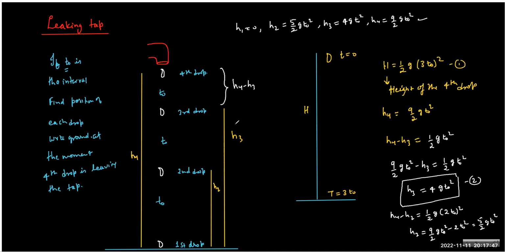So if you take H3 minus H2, then at this point the initial velocity is not 0. So half GT square we cannot use. We have to use UT plus half AT square. So that will make it complex. But you're getting what I'm saying.